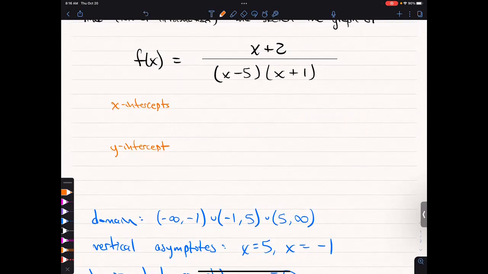To get an x-intercept, you... x-intercepts are where you cross the x-axis. So every point on the x-axis, what do you know? Y has to be 0.